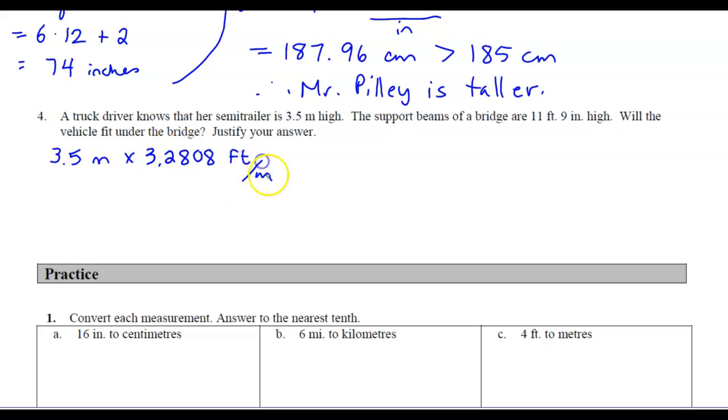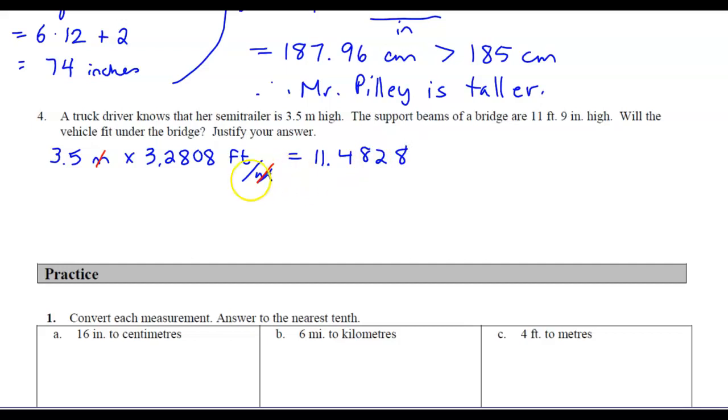Okay, so those units divide out. So that's going to give me 3.5 times 3.2808, 11.4828. Do not round early, right? Keep it until the end.